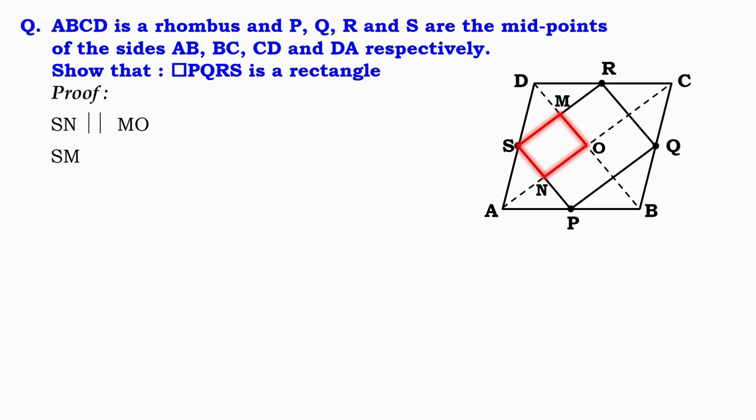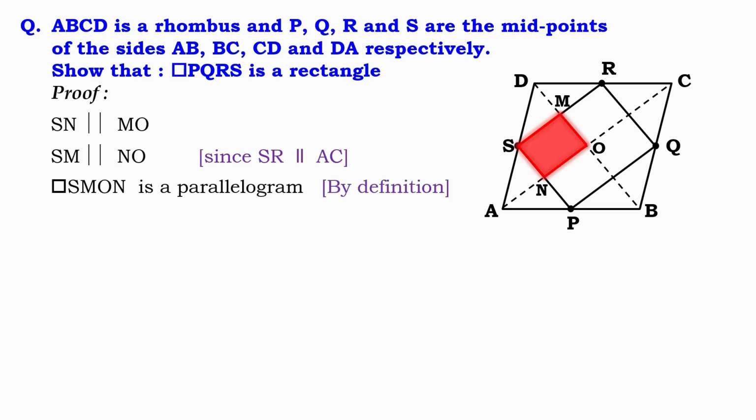Now let's join SMON. So SM is also parallel to NO. Why? Because SR is parallel to AC by using the midpoint theorem of triangle ADC. So what we got is that SMON is also a parallelogram because the opposite sides are parallel.